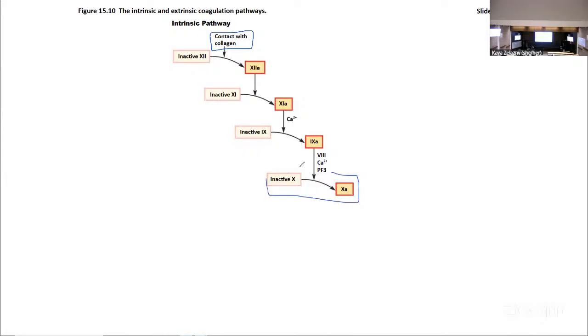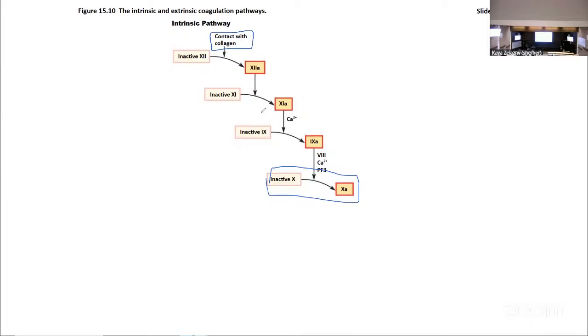Okay, cool. I wouldn't put a ton of effort into memorizing all these intermediate numbered factors, but you should know that they exist and that this is how our coagulation pathways work, because depending on where you head after this class, you may have to very thoroughly memorize and learn about coagulation pathways.